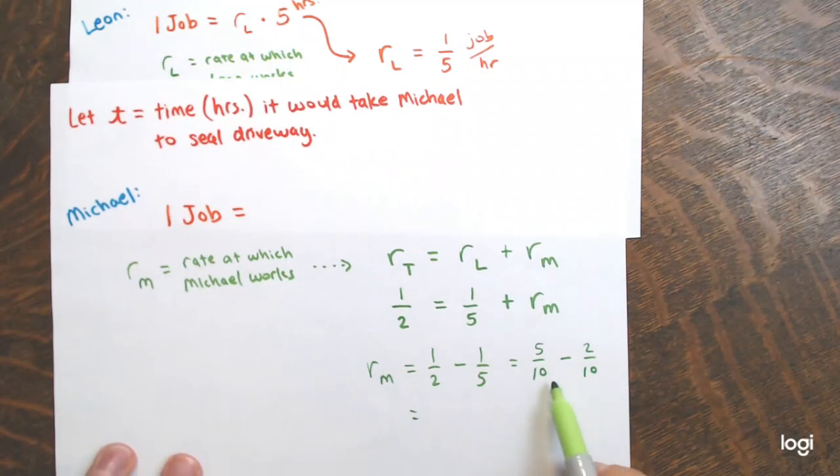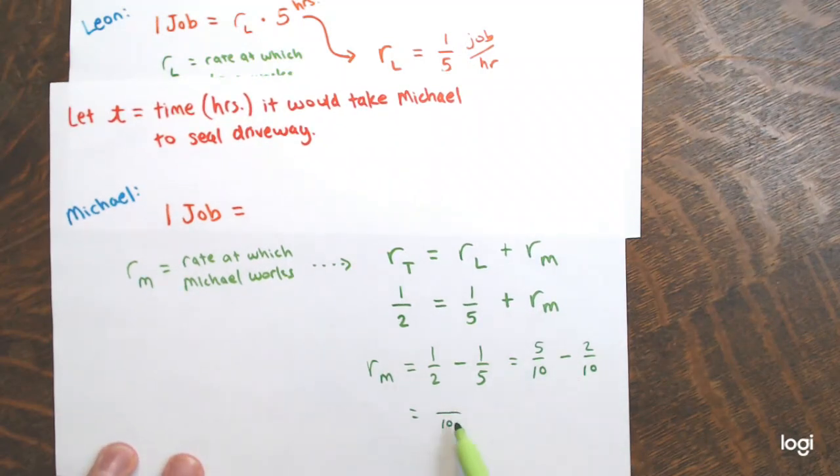And now that they have the same denominator, I just subtract the numerators: 3/10 of a job per hour. So here's the rate at which Michael works. He completes 3/10 of the job in an hour. After 2 hours, he'd be done with 6/10, and after 3 hours, he'd be done with 9/10 of the job, almost done.